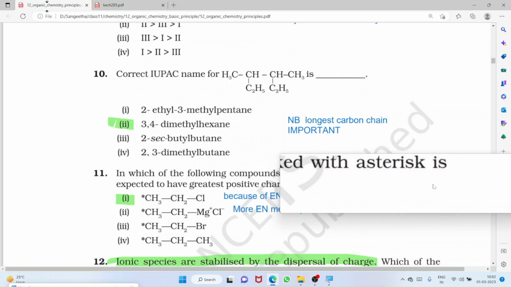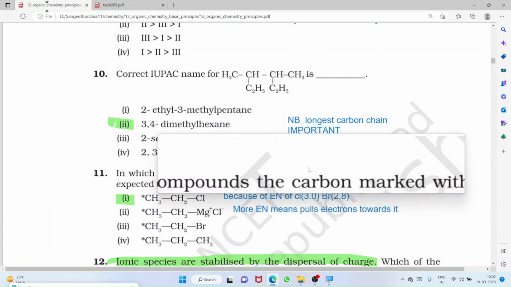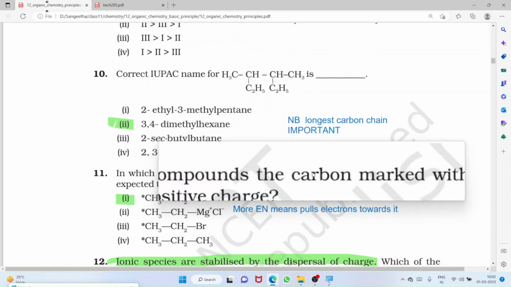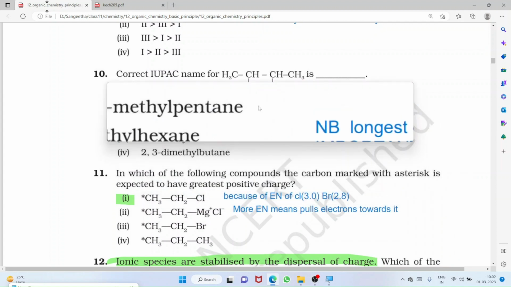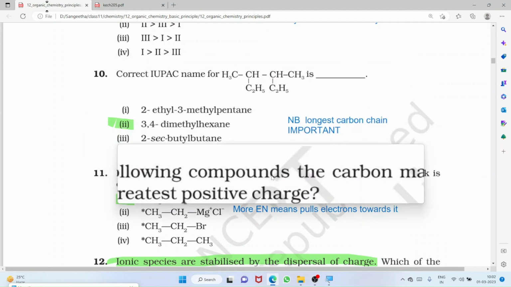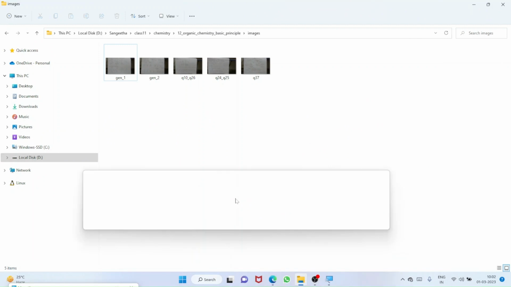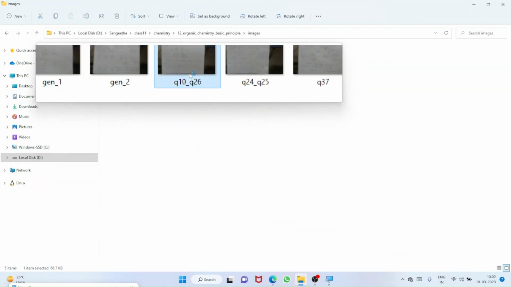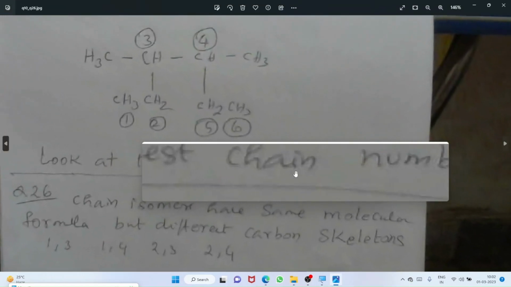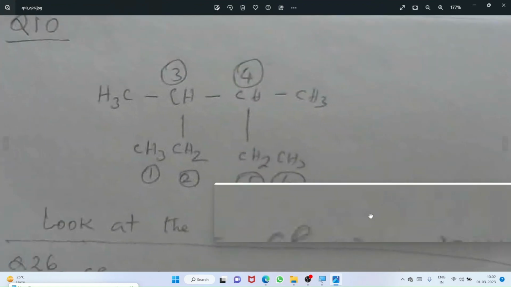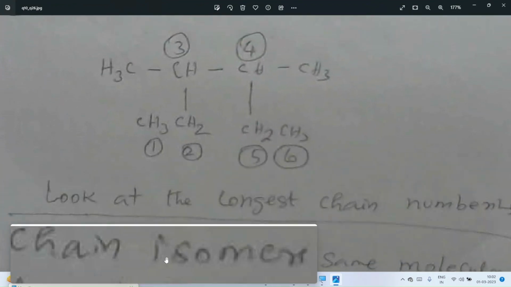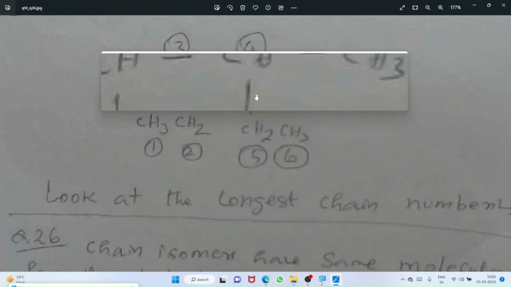The correct IUPAC name for this. So here, when you are numbering the longest chain as per the IUPAC rule, you have to see which one is the longest. So the numbering is a trick here. See how it is numbered: 1, 2, 3, 4, 5, 6.